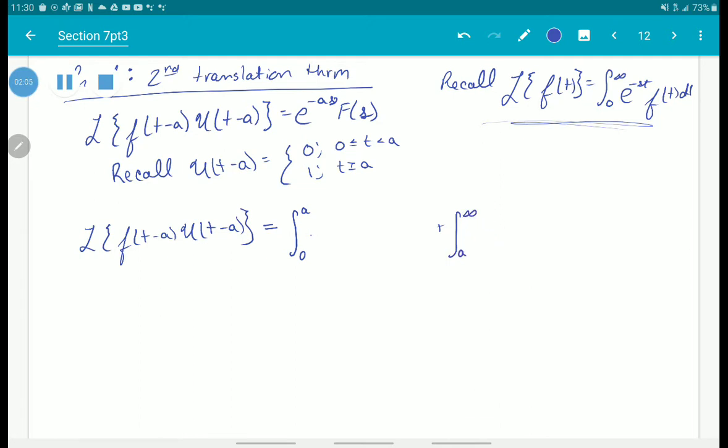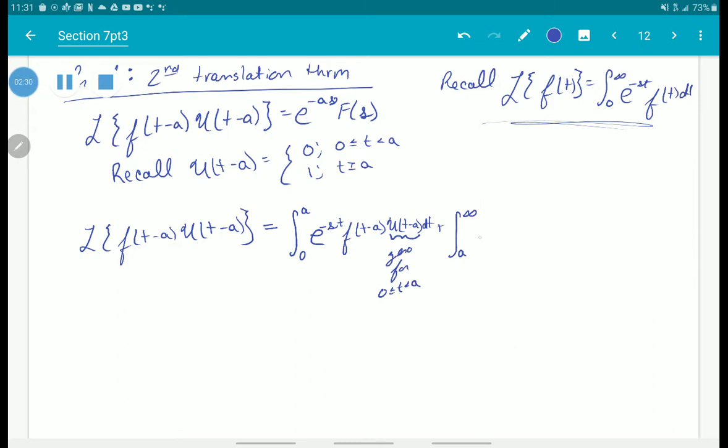So it's going to be e to the negative st times f of t minus a times the value for that unit step at t minus a. Now keep in mind this guy's going to take a value of 0 when we are between 0 and a. So we'll write that out in just a minute.